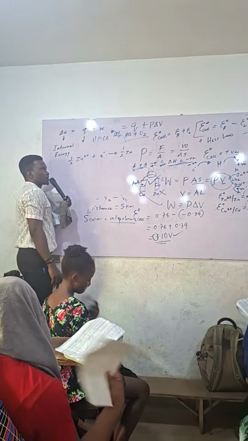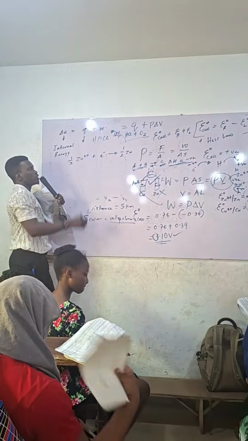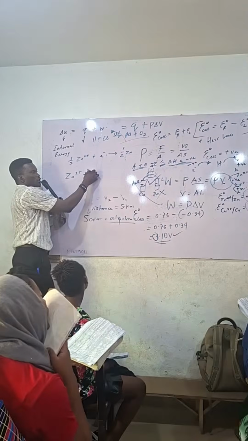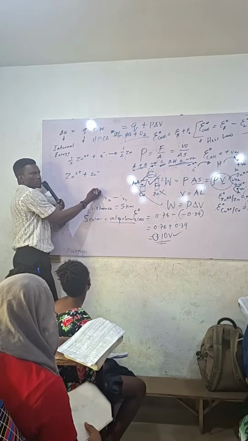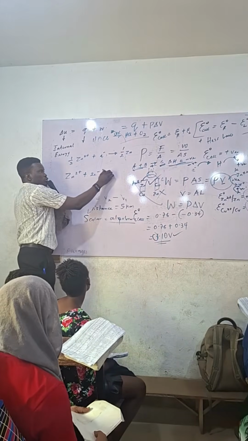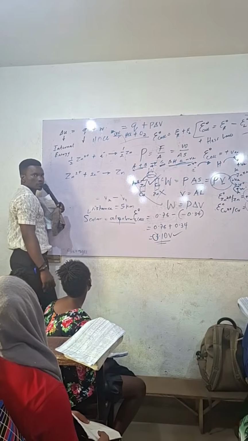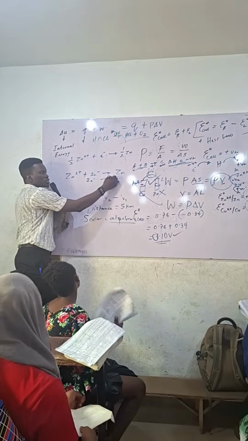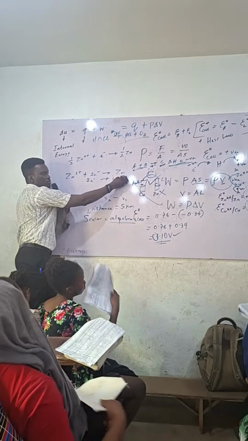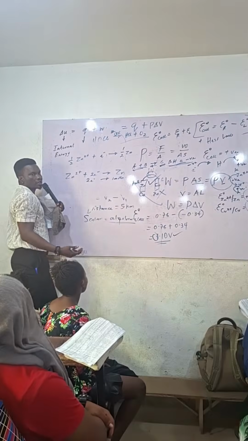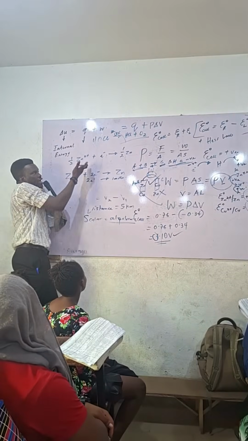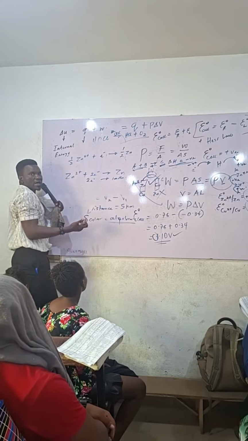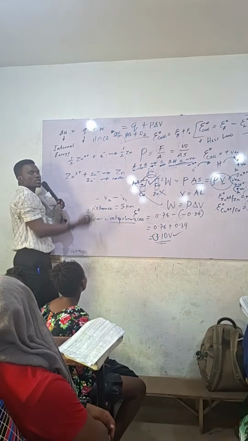Now, if it is the full equation, there will be 2 electrons, right, and you are going to get 1 mole. 2 moles of electrons will be required to discharge 1 mole, right? But from here, actually, they have seen it. It's just 1 electron. We only need 1 electron now.